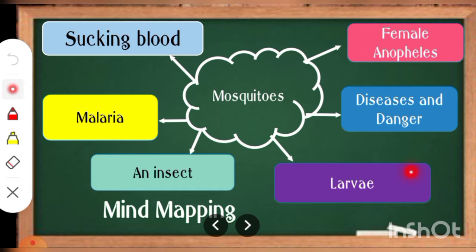Yes, there is a life cycle of mosquitoes and the larva is part of it. Yes, diseases and danger. There are different types of mosquitoes like Aedes, Anopheles, etc.